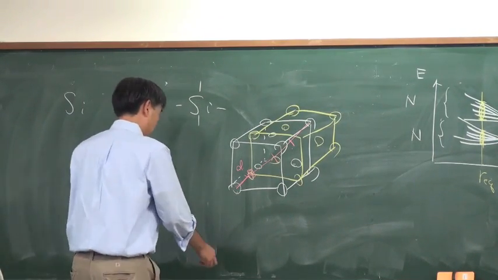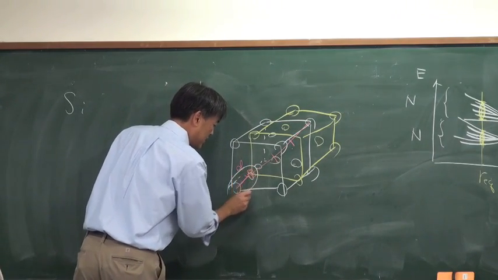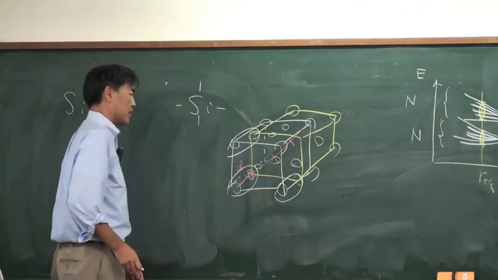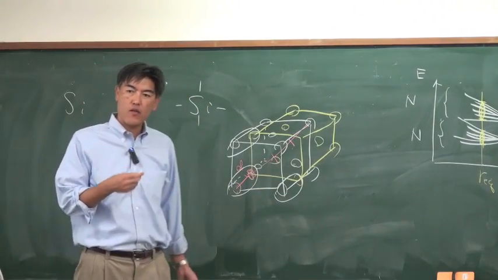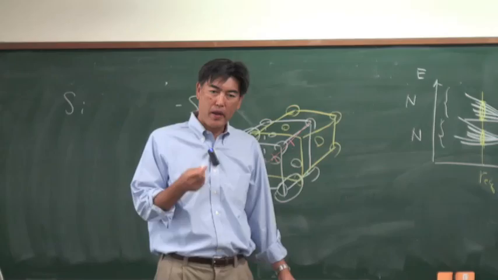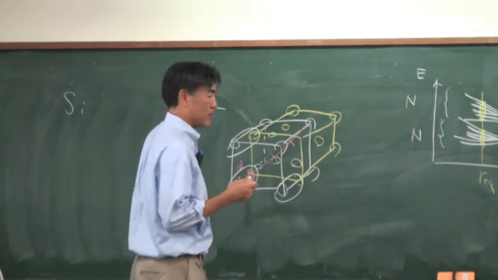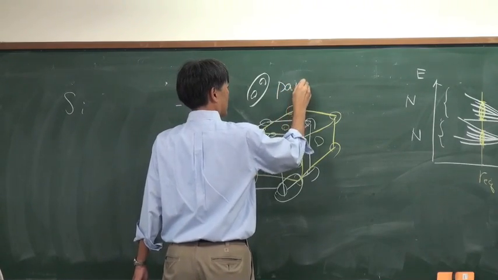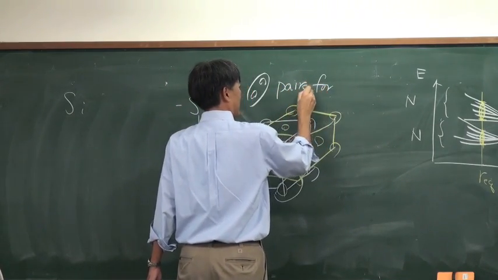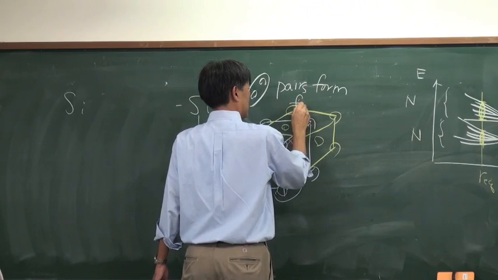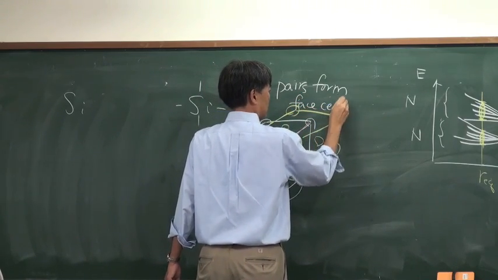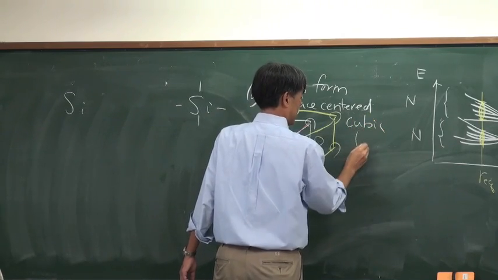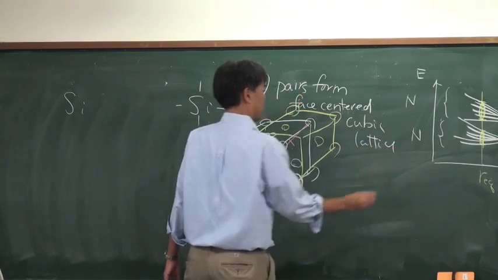If I define these two atoms as a pair, then such pairs form a face-centered cubic lattice. Okay?